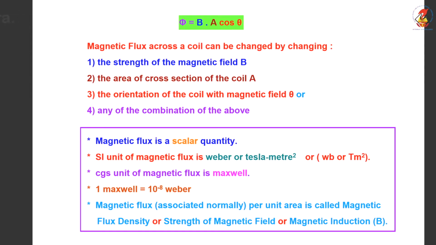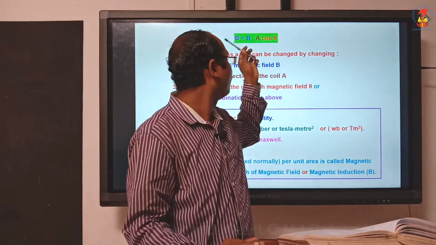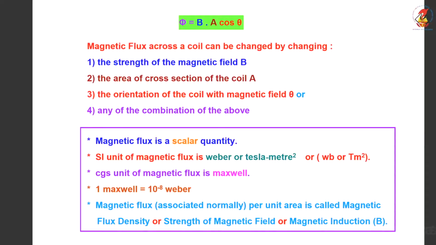Second, the area of cross section of the coil. If area increases, flux will increase. And third, the orientation of the coil with the magnetic field. So you can think like this: phi is directly proportional to B, directly proportional to A, and directly proportional to cos theta. Okay.